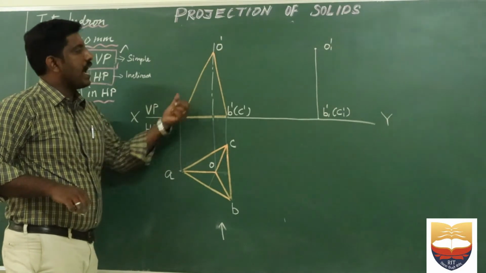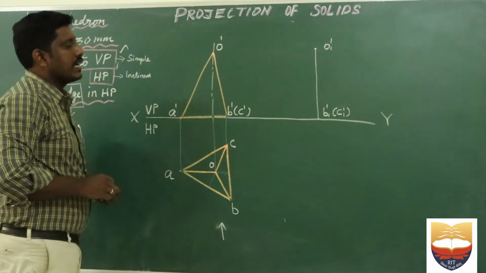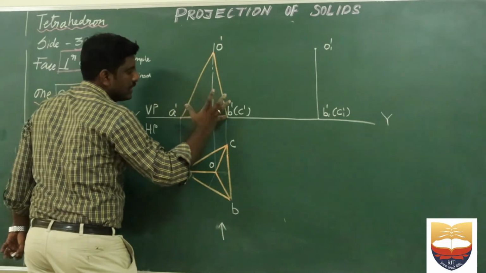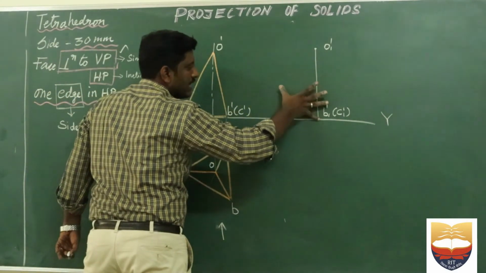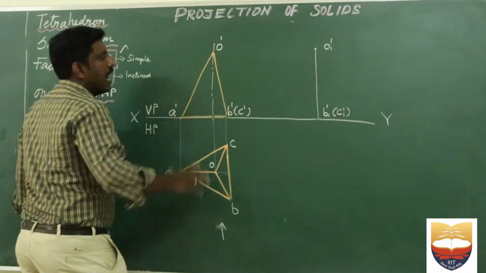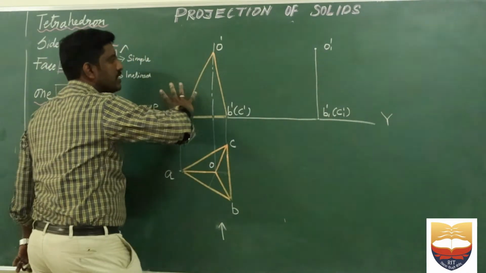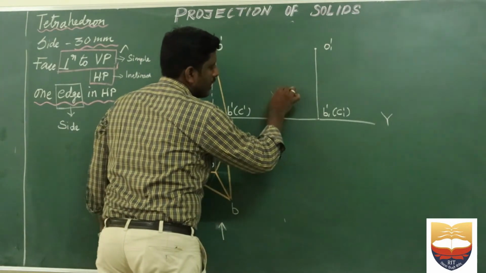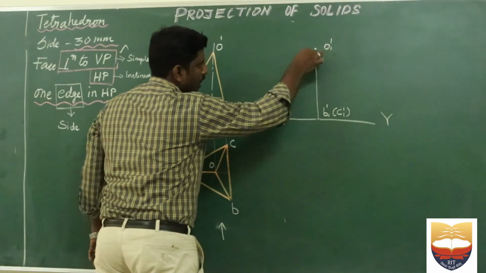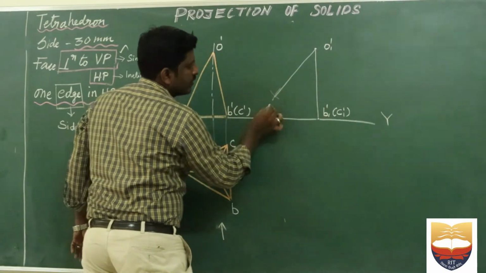Now my only aim is to find point A. If I find A, I can complete my diagram. For that, from B I am measuring A with the help of a compass and cutting an arc. Similarly, from O I am measuring this and cutting an arc here. Approximately the arcs will meet over here, so I connect this.